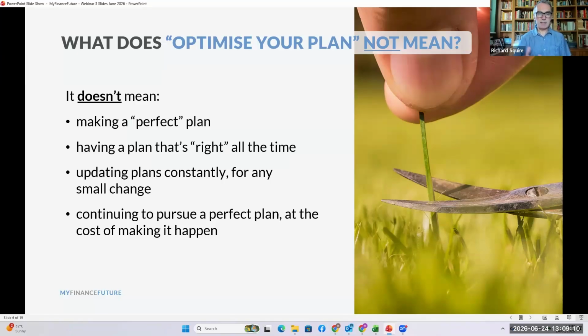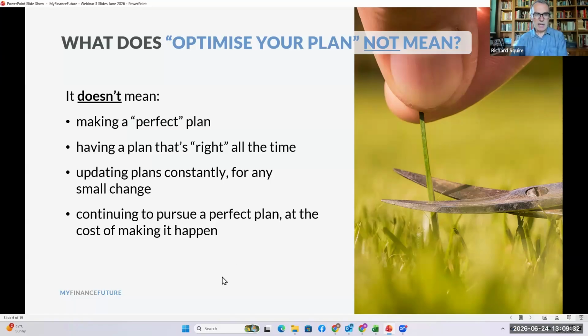You're better off spending the time adjusting it as big things change in the future, rather than refining it only to find in a few months' time the refinements weren't worthwhile because bigger things have changed, through the next budget, for example. So you don't expect to have a plan that's right all the time.